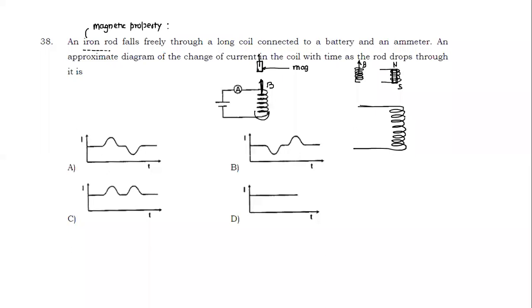Will the direction of current in the coil and the direction of current in the iron bar be the same or different? Same direction, because as I mentioned, the B is the same. So whenever the iron rod is there, it can be treated as a coil having current in the same direction as this coil. So this question becomes equivalent to something like this.